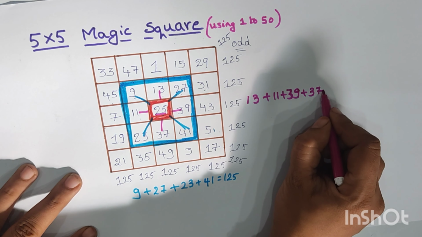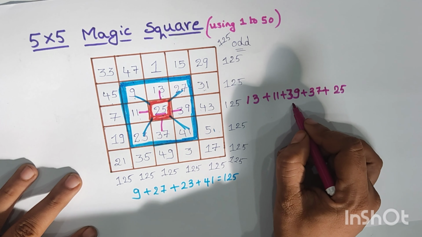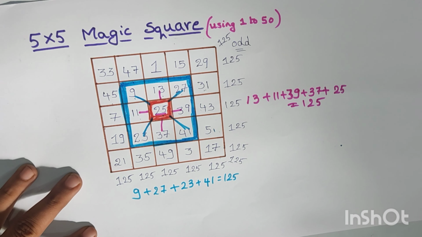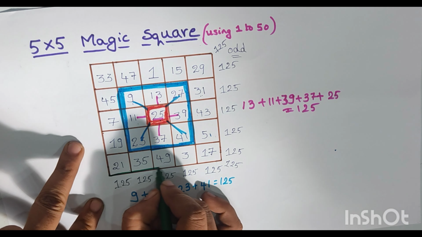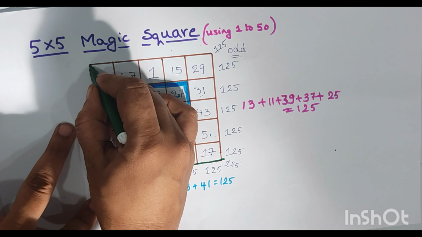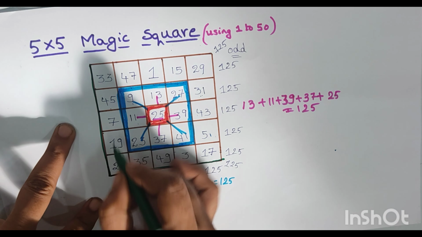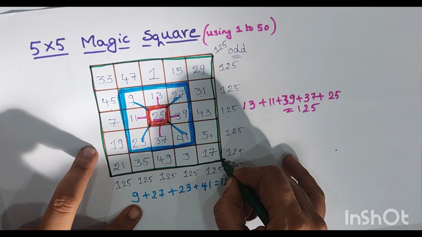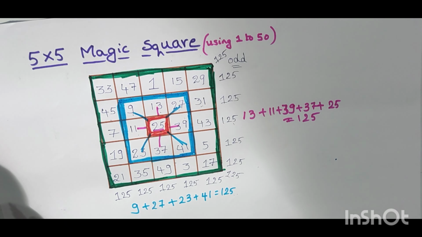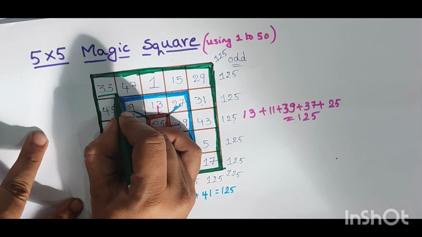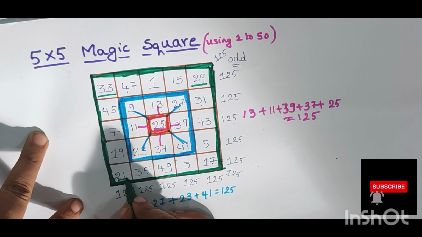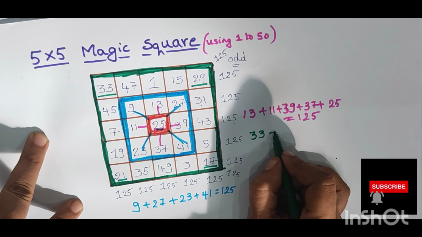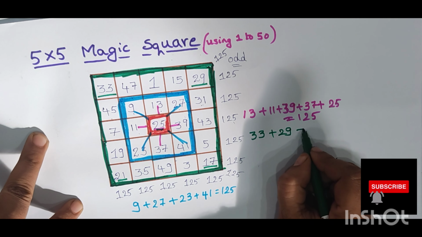Okay. Next we will take the outer square, along with the corners 33, 21, 17, 29. That is the outer or big square of this 5 by 5 magic square. Now we calculate the corners of this big square, that is 33, 29, 21 plus 17 along with the extreme center 25.